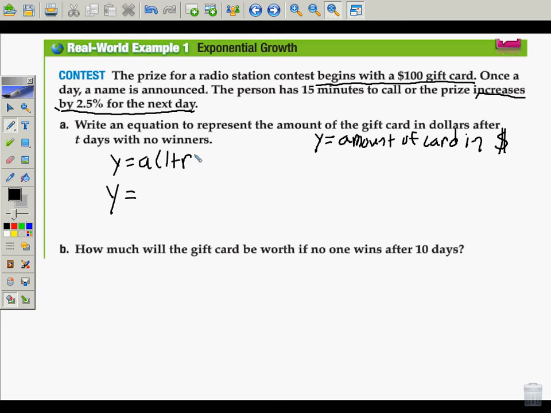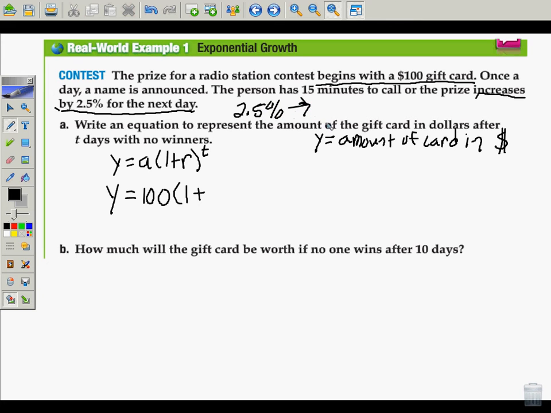A is my initial amount. It begins initially with a $100 gift card. So 100 is my initial amount times the quantity of 1 plus my rate. It increases by 2.5% the next day. Now, I do not write 2.5 in the parentheses because I need to convert 2.5% to a decimal. When you divide 2.5 by 100, you get 0.025.